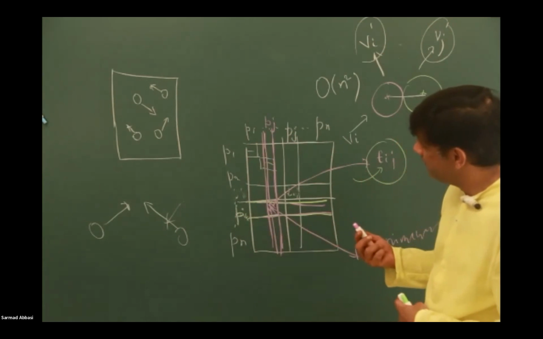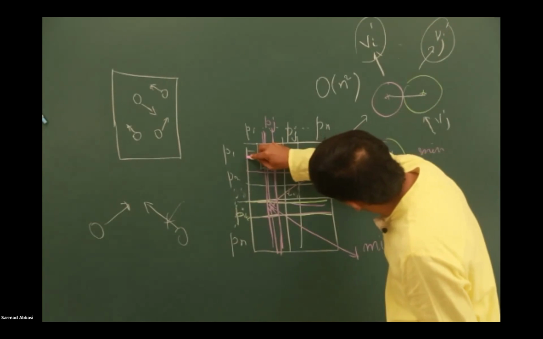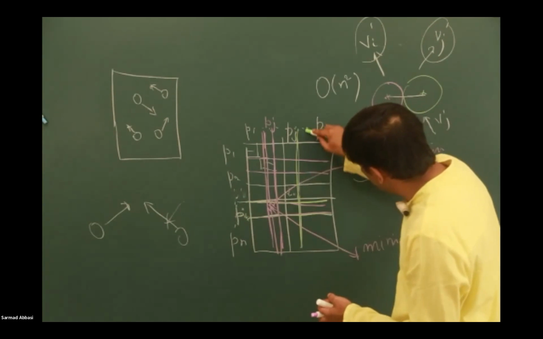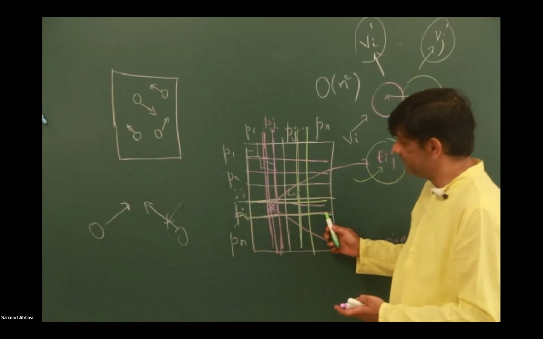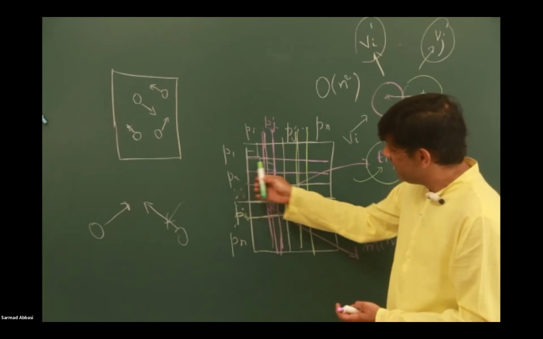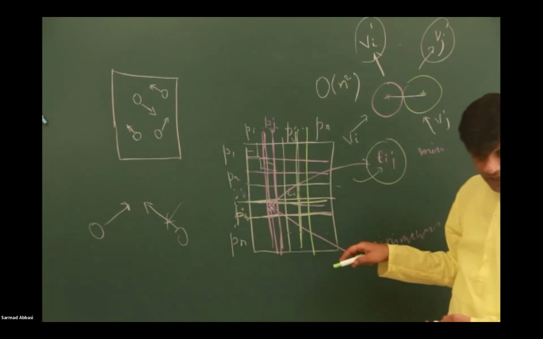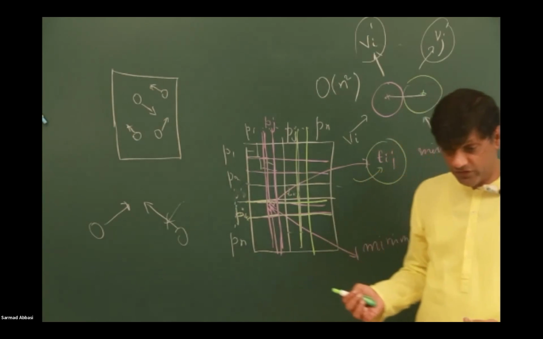So we have to recompute it, but you realize that you're going to have to recompute only the row of PI, the row of PJ, the column of PI, and the column of PJ. All the other entries are not going to change.